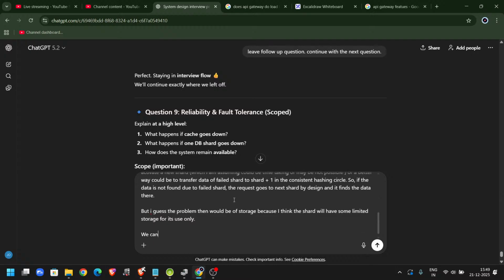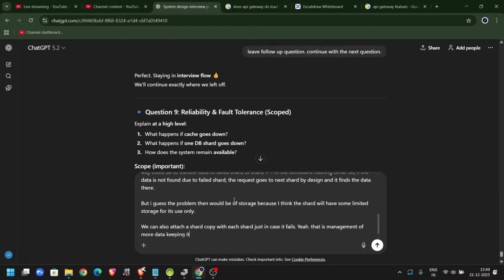We can also attach a copy with each shard, just in case it fails. Yeah, that is managing more data, keeping it consistent. But we don't have to keep it consistent.